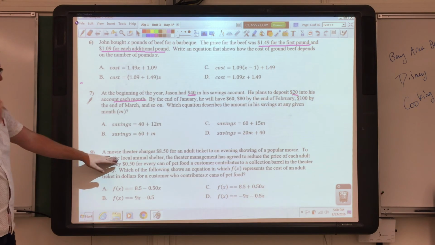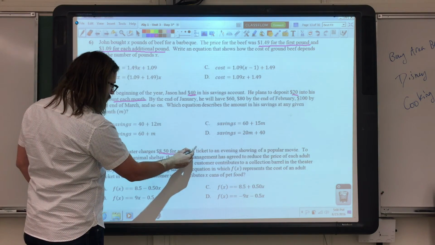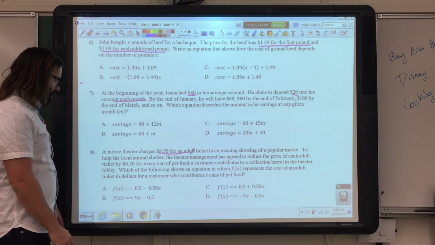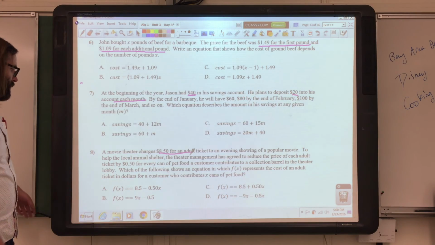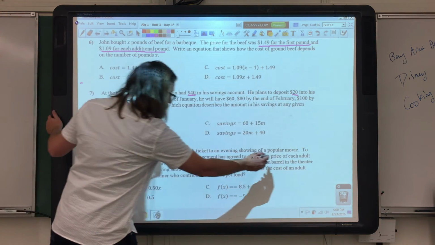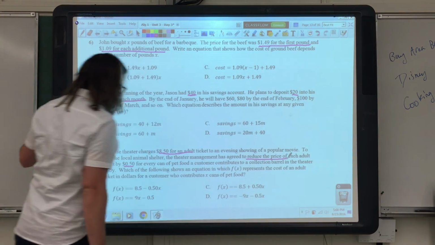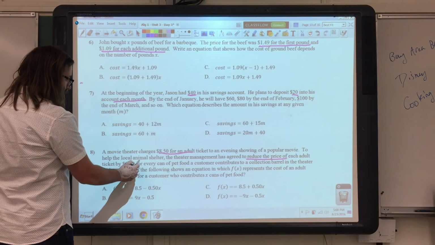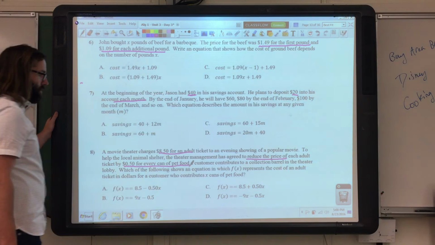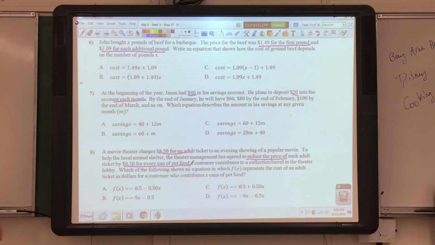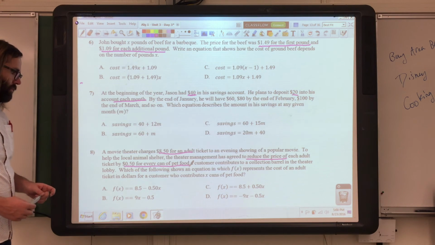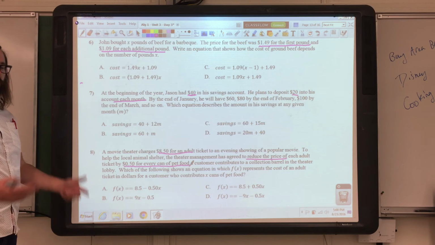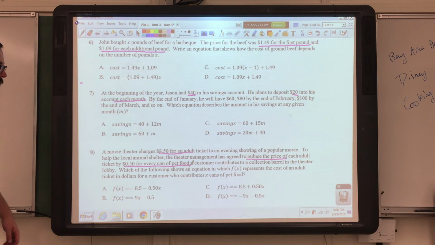Number 8. Movie theater charges $8.50 for an adult. Okay? Theater management agreed to reduce the price of each adult, so they're going to reduce it by 50 cents for every can of pet food. Which of the following shows an equation that represents, okay, if they contribute cans to the animal shelter?